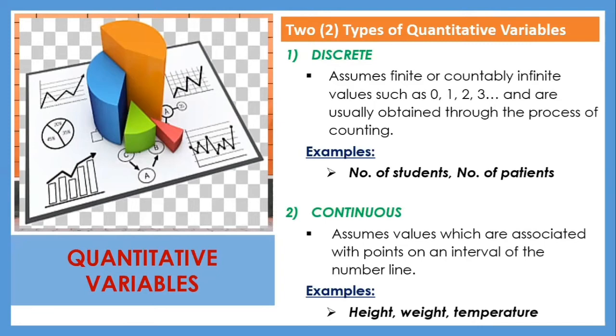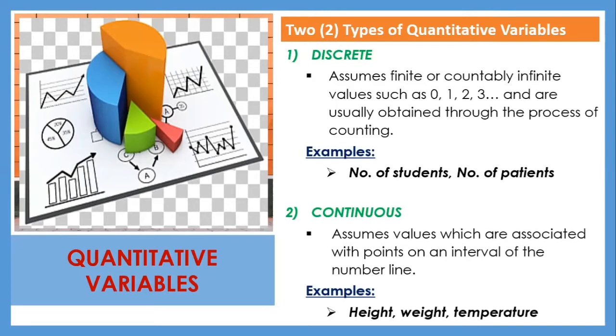On the other hand, if we say continuous quantitative variable, it assumes values which are associated with points on an interval of the number line. Meaning to say, if your discrete is a whole number, your continuous is not, because there are points or fractional in nature. For example, height, okay?